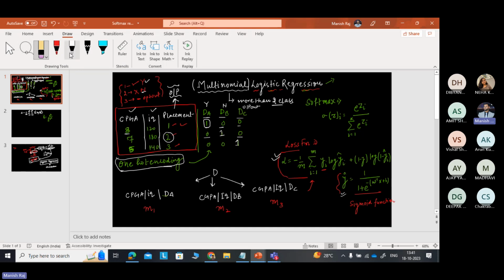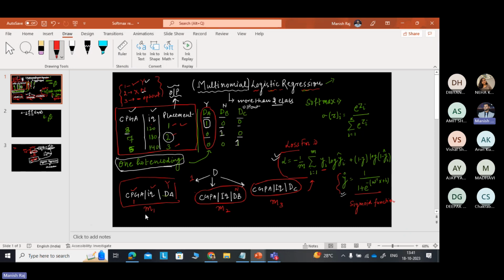After getting this, now I have different data. In one column I have the CGPA, in another the IQ level, and in another column I use DA for yes. So one type of data is generated. Second, again I am using CGPA and IQ, but as output I am taking this one, that is for no. So the second data is ready. Third, CGPA, IQ and the last one.